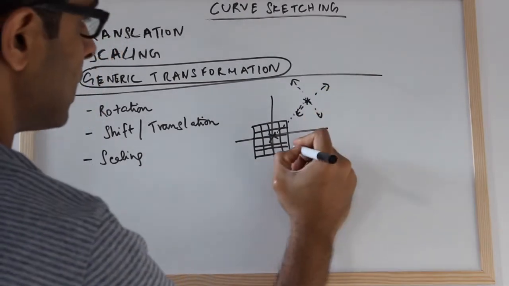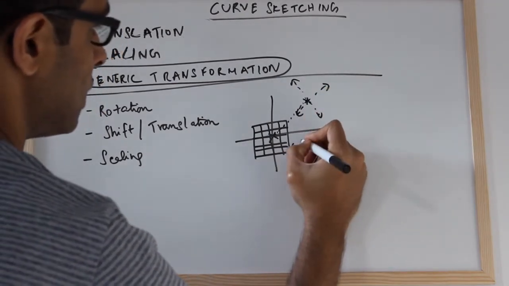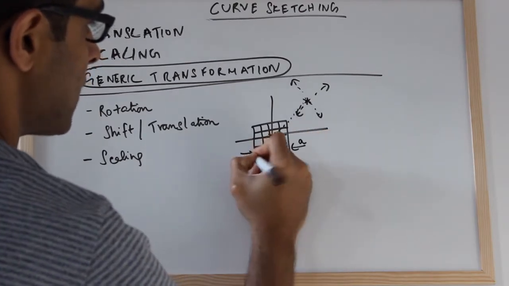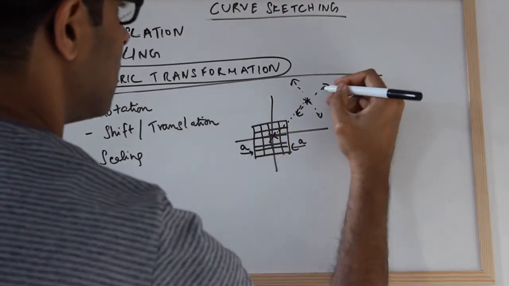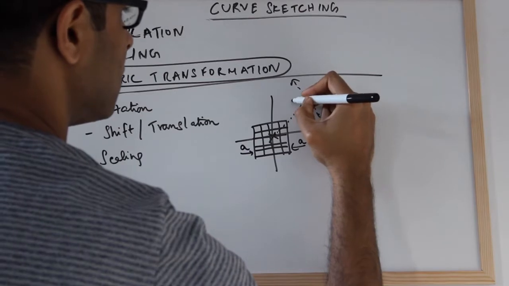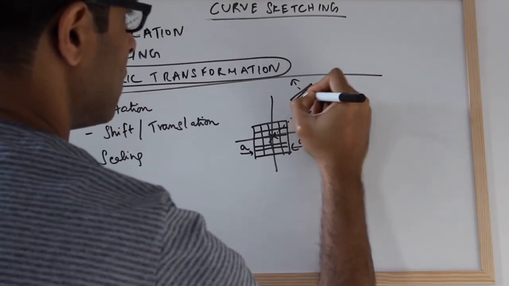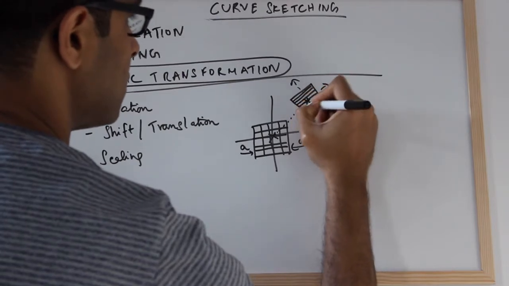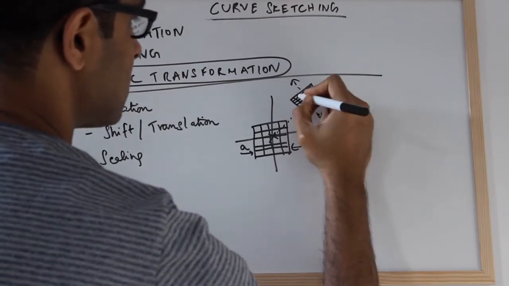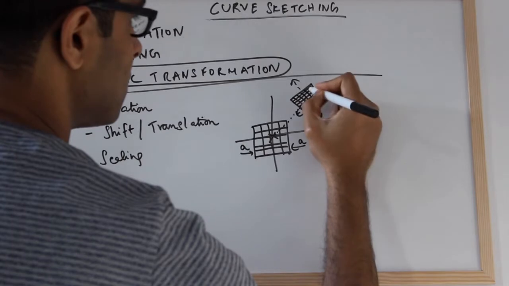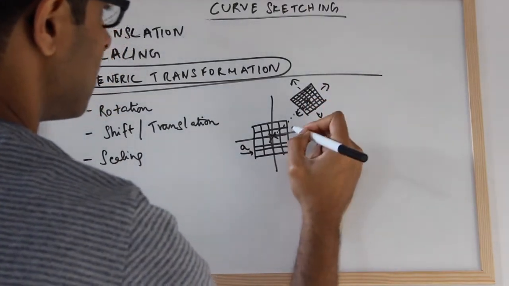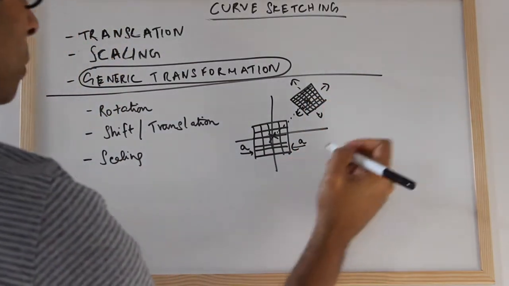And if we apply a scaling by A units, we obtain our new plot scaled by A units, rotated by theta, and translated by x0 and y0.